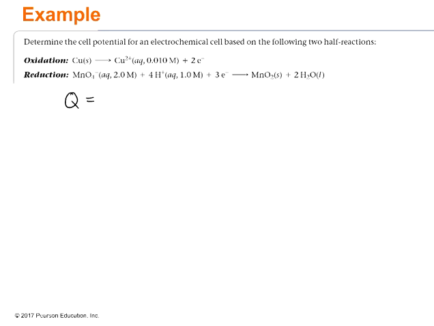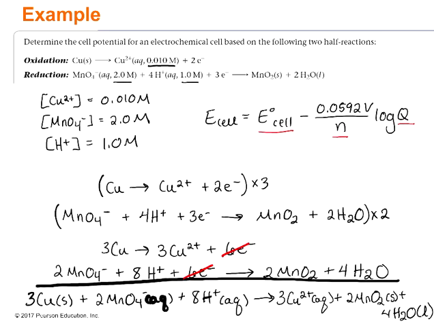So remember, Q is going to equal the concentration of the products over the concentration of the reactants. So looking back at our products on the last slide, we have 3 copper 2+ ions that are aqueous, 2 manganese dioxide molecules, but those are solid, so we're not going to include those.